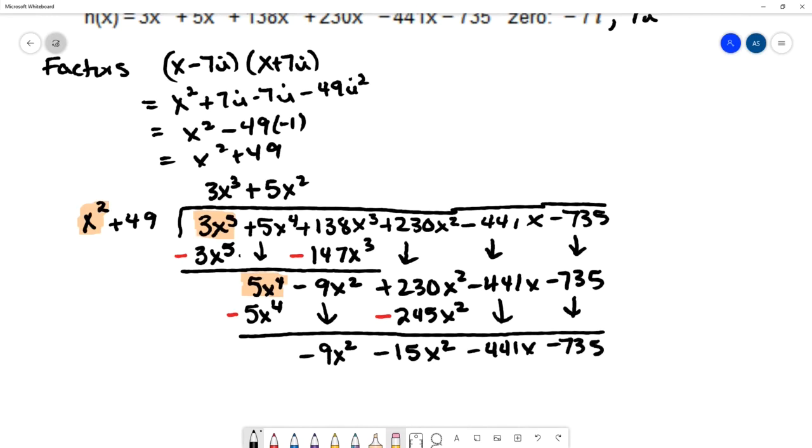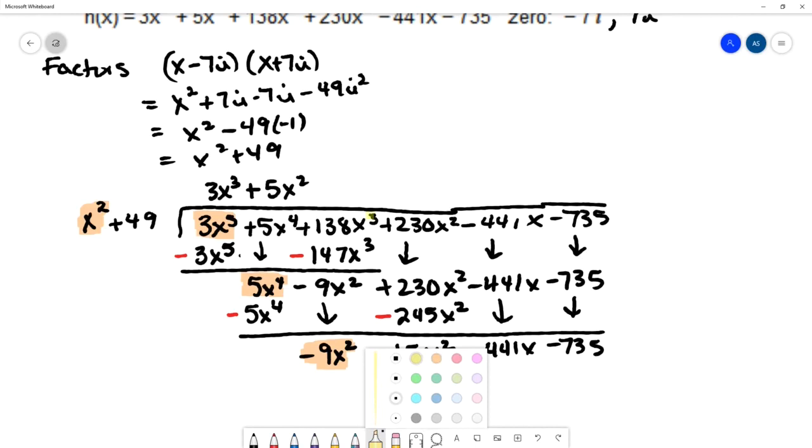Now we repeat that process over again. So I'm trying to match this leading term, negative 9x squared. So I need to multiply by, I think I made a mistake there. So let me highlight my mistake and correct it for you guys.